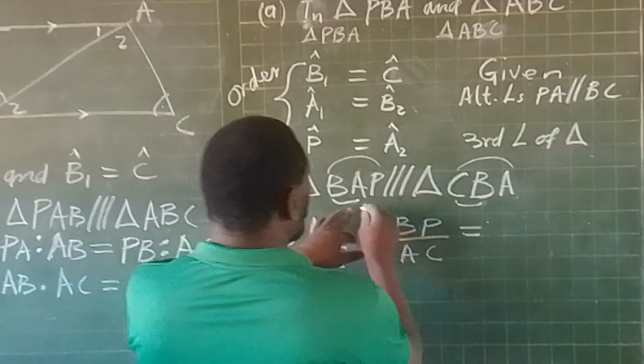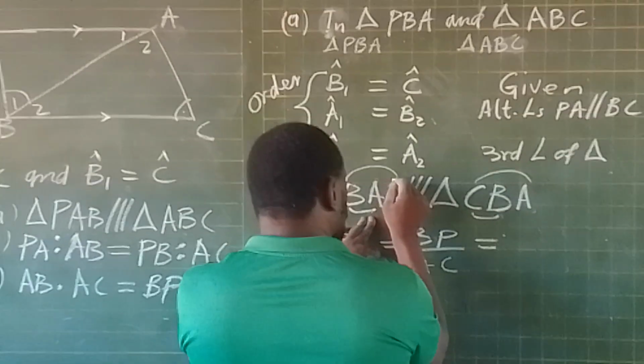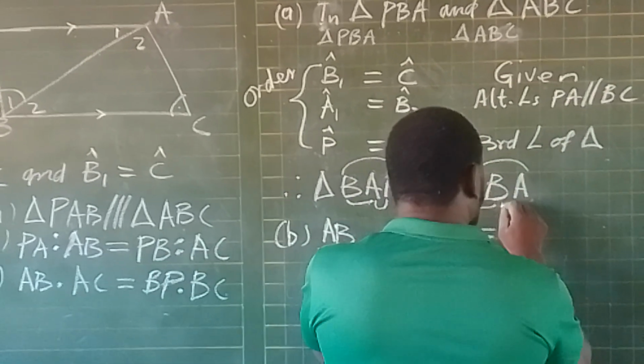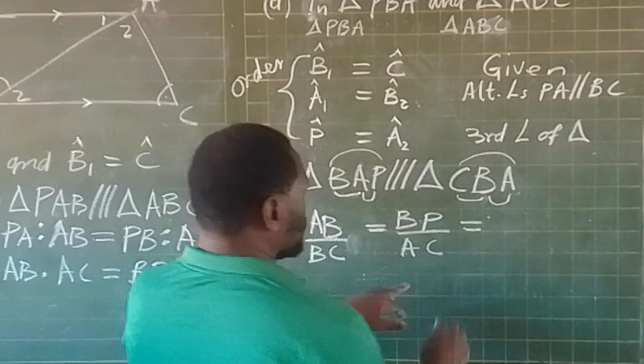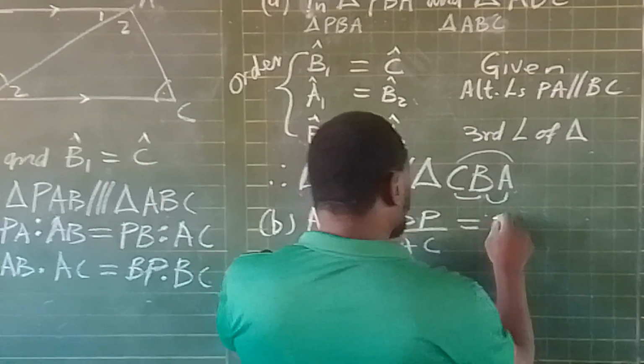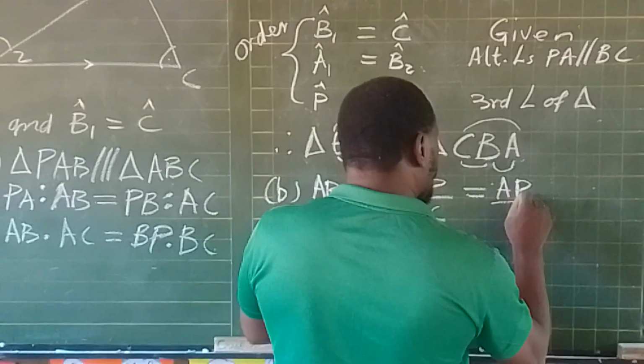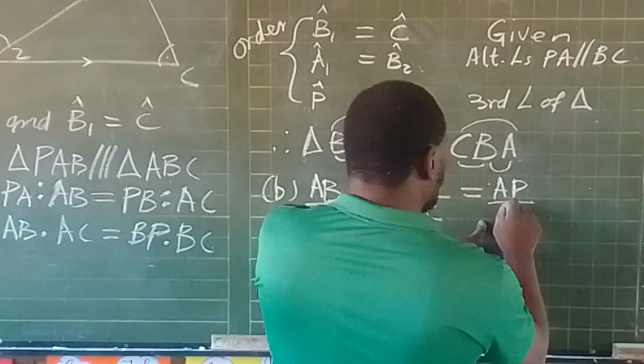You haven't united A and P as much as B and A, so you have to take AP over AB.